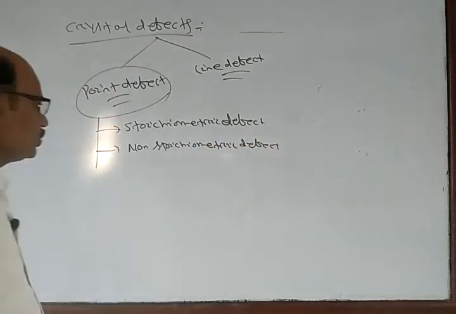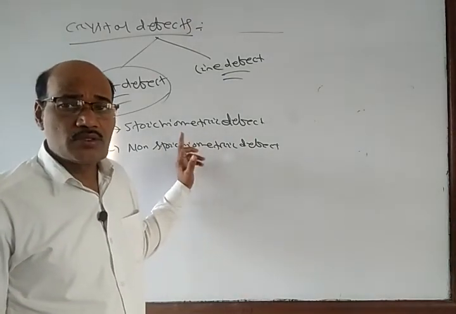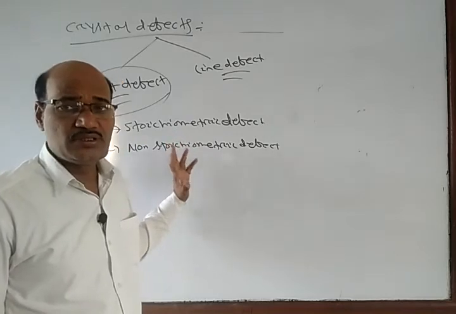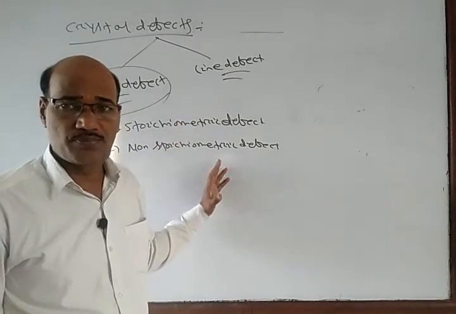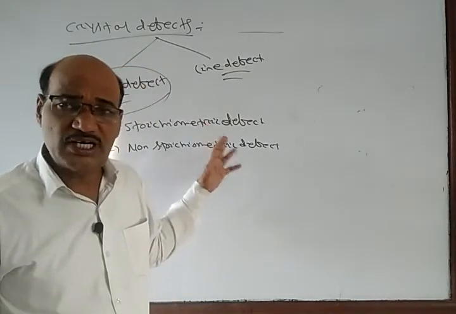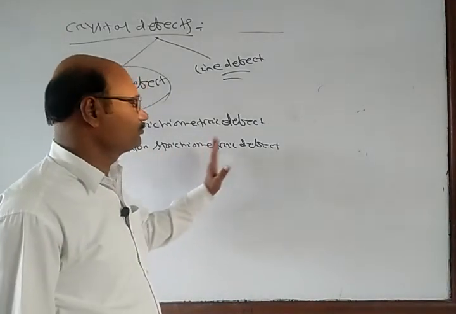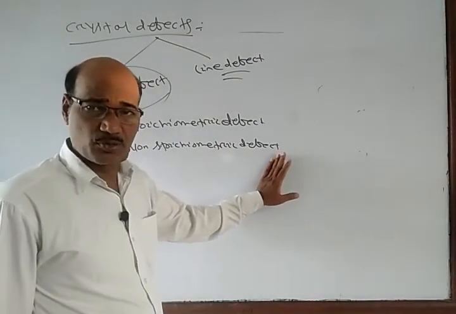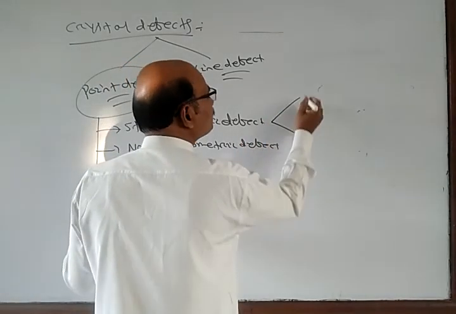Stoichiometric defects are those where the missing of the ions is as per the formula. The defect corresponds to the exact formula. But non-stoichiometric defects are not as per the exact formula. So these stoichiometric defects can be of two kinds.